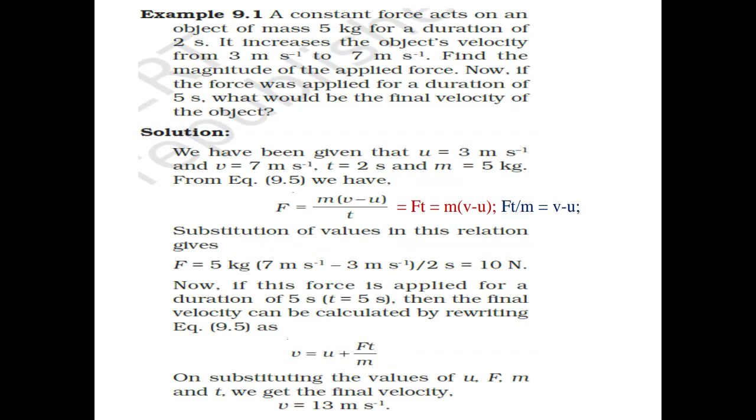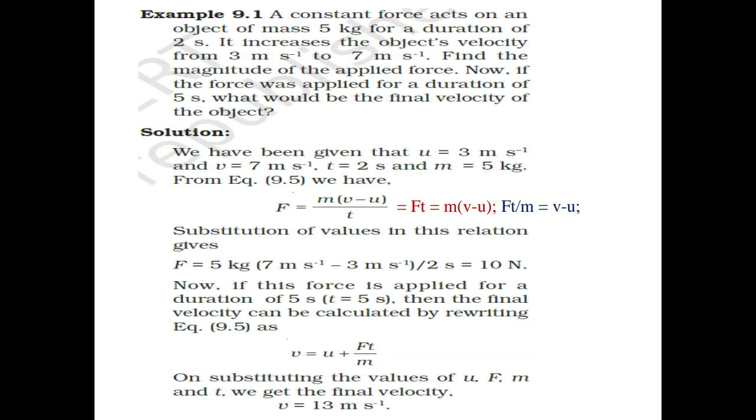We have been given u is 3, v is 7, time is 2 seconds, mass is 5 kg. We will use the equation F is equal to ma, so F equal to m times (v minus u) by t. We will put all the values in this and we will get the answer.